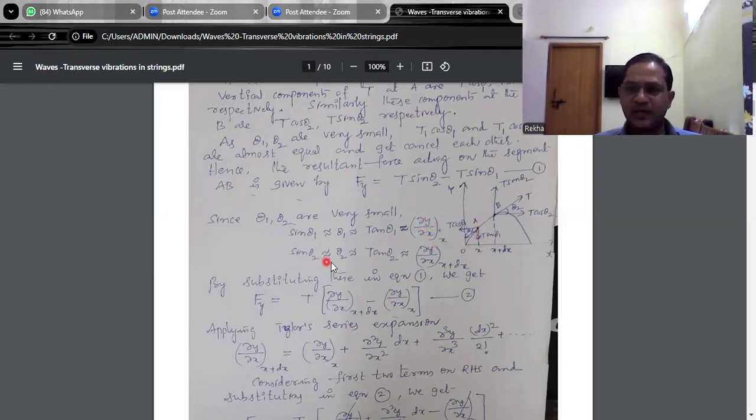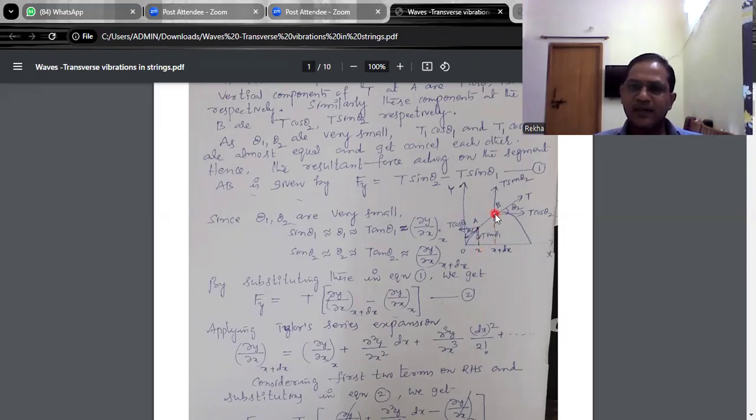Sine theta 2 is nearly equal to theta 2, which can be taken as tan theta 2. Tan theta 2 is the slope at the position B, that is dou y by dou x at the position x plus dx. So now at the end A, T sine theta 1, with sine theta 1 equal to dou y by dou x at x.